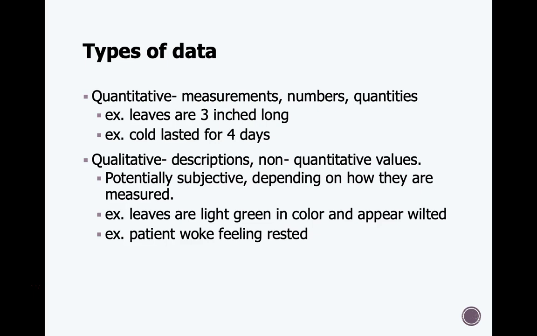They absolutely have a place in your experiment. You just have to be careful how you use them, because they could be misinterpreted or not interpreted the way you would quantitative. So if at all possible, you want to design your experiment in a way that you get quantitative measurements.